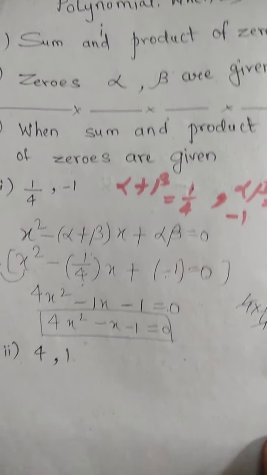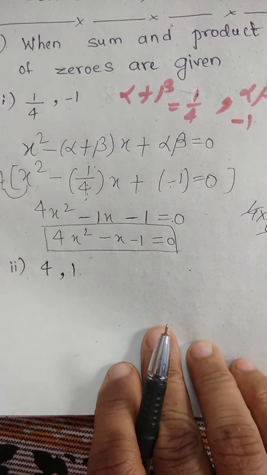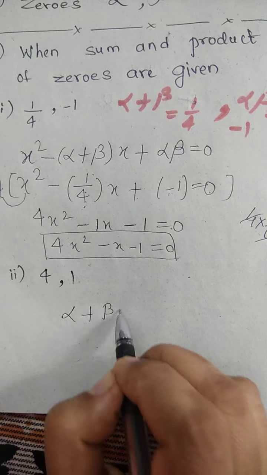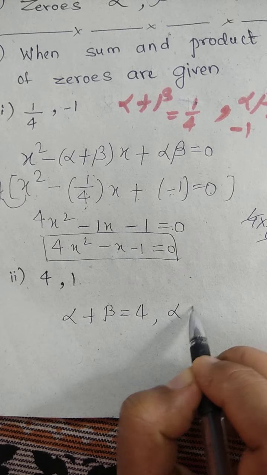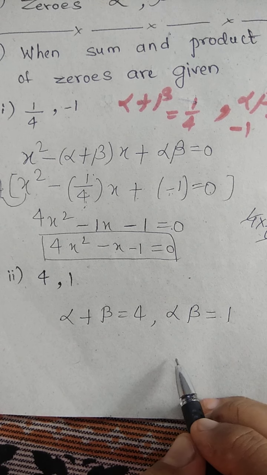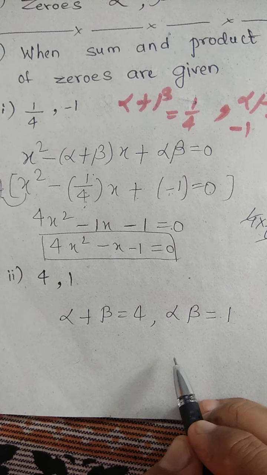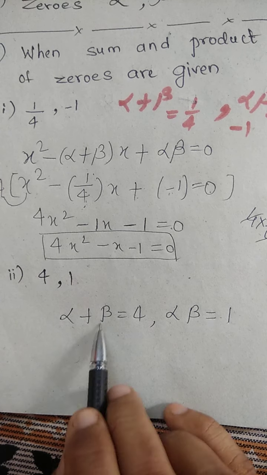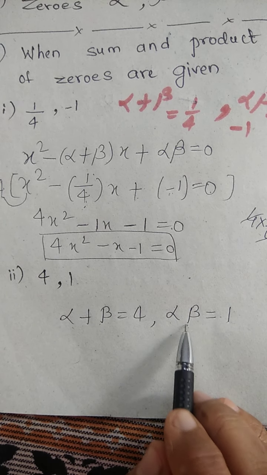Now suppose sum of root is given as 4 and product of roots is given as 1. Then how to write the quadratic polynomial? Middle term means x coefficient is sum of root and constant term is product of root.